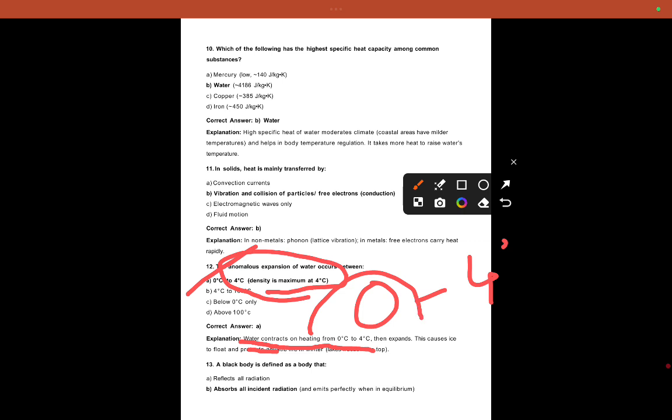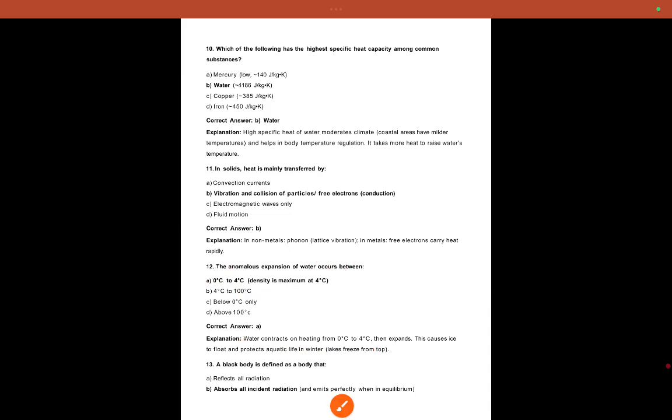This causes ice to float and protects aquatic life in winter. Lakes freeze from the top, so aquatic animals like fishes live inside the water because of the thick layer of ice formation.